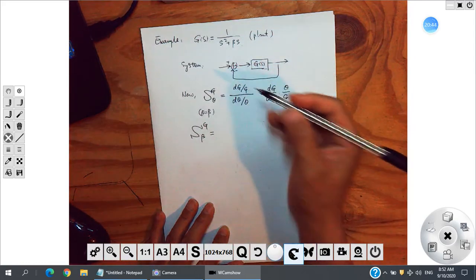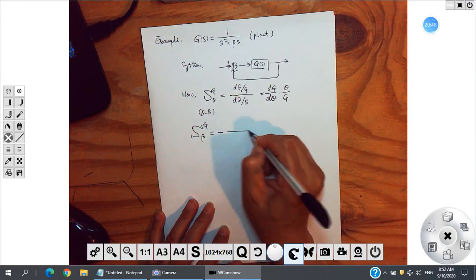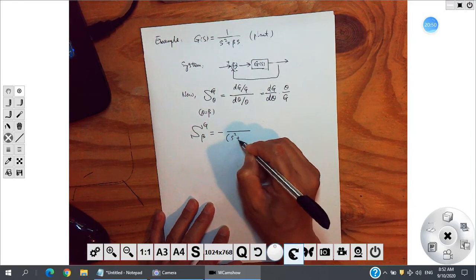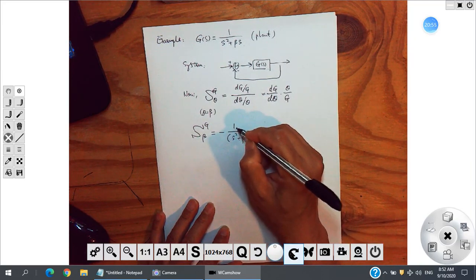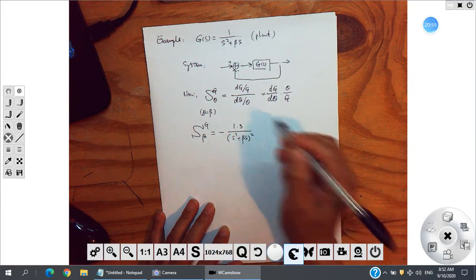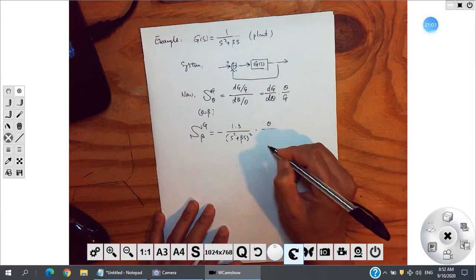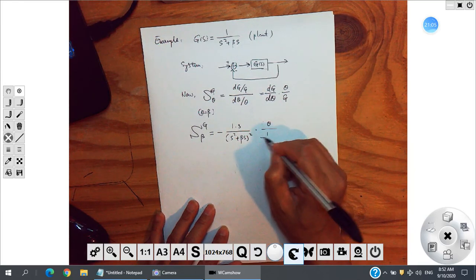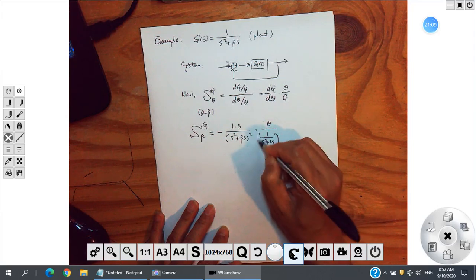Take derivative on this, on beta. So this is a fraction. The numerator is 1. So this is a negative over s squared plus beta s, squared. Numerator is 1 times this one. Take derivative on beta, I have s. Right. So we have this one, and times theta divided by G, which is 1 over s squared plus beta s, like this.